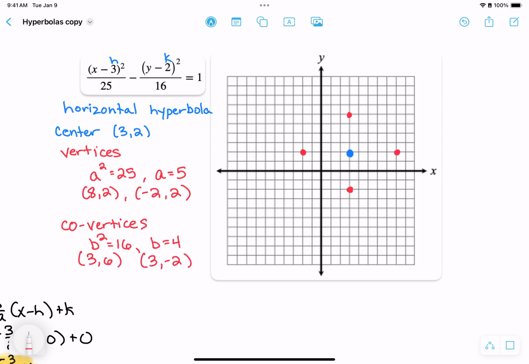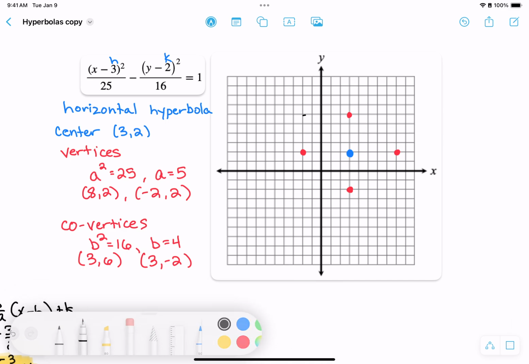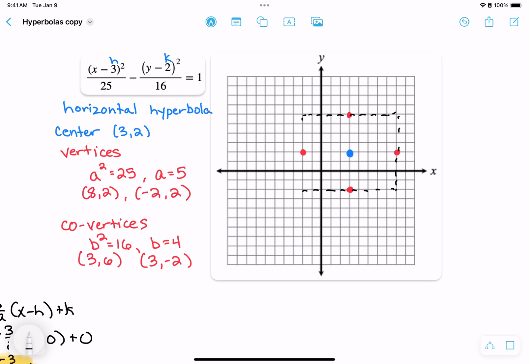So there's our covertices. Once you have the vertices and the covertices, you can draw your box that will get the asymptotes for you. So we use the vertices as the markers for the edge. So here's the box, and the asymptotes will go through the corners of the box.